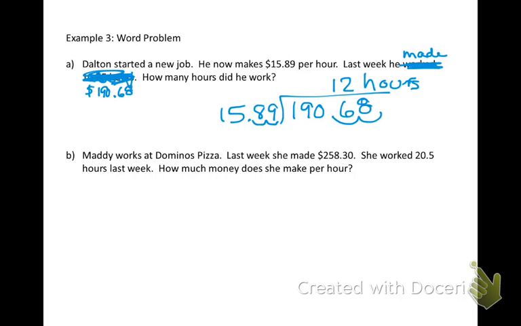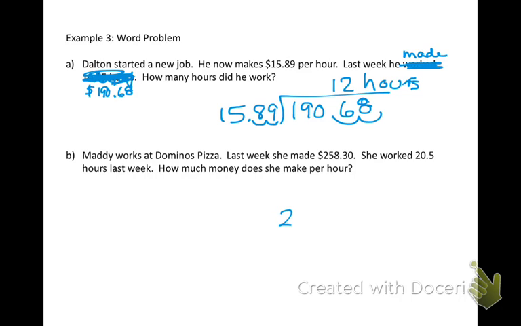Now let's look at Maddie. Maddie works at Domino's Pizza. Last week she made $258.30. She worked 20.5 hours last week. How much money does she make per hour? So if I was doing it, it would be 20.5 times how much she makes per hour, but we don't know that, so we are going to divide.